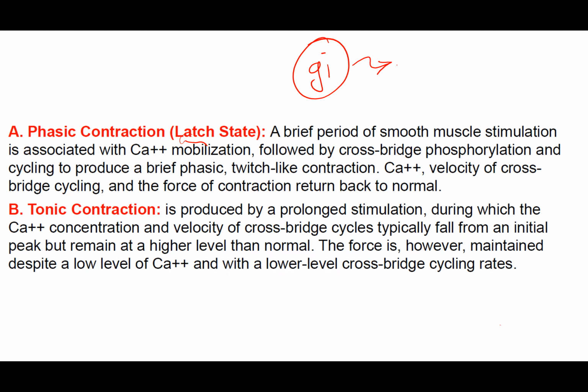In the heart, oh no, the heart is cardiac muscle. For example, in blood vessels, the muscle needs to be contracting the whole time, so it needs to be in a latch state. Okay, got it.